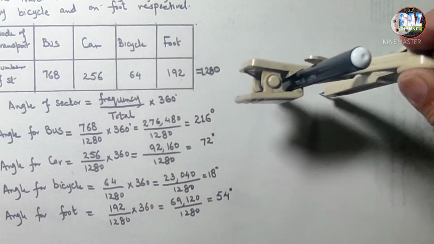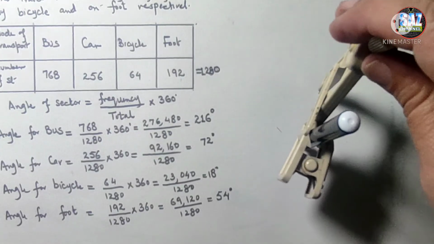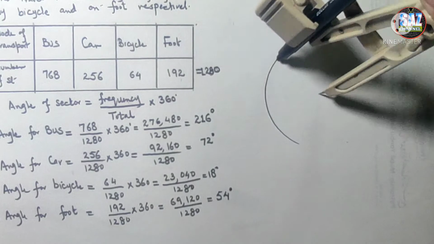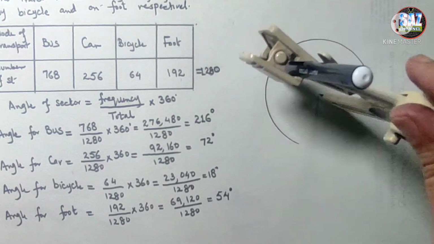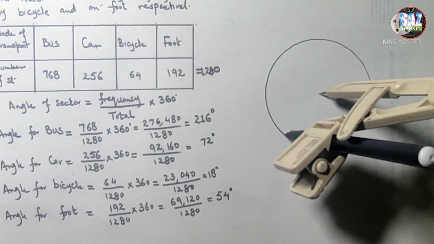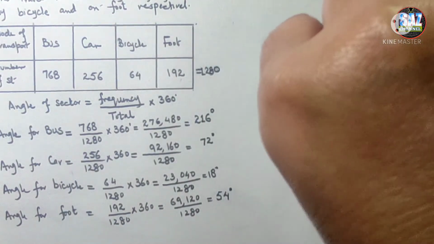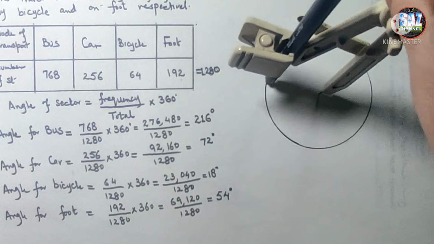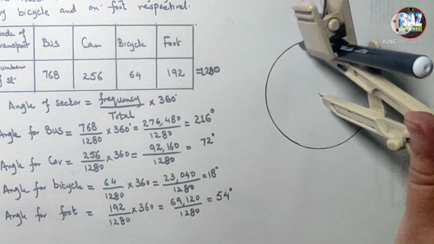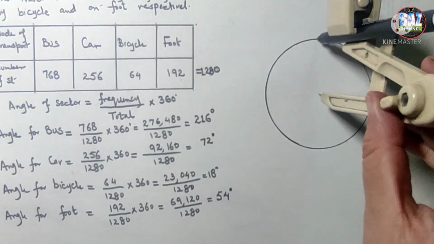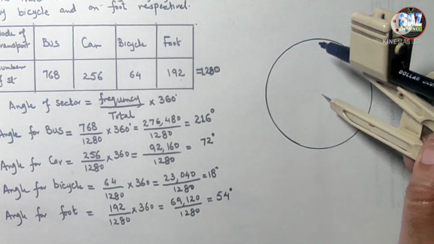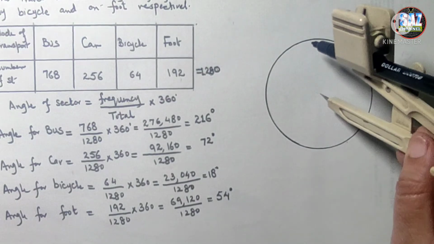The thing we have to keep in mind is that we construct the angles correctly. First I draw the circle nicely, and then I fix and mark the starting point. Sometimes the examiner gives the starting point, and sometimes he doesn't, so no problem even if he's not giving us the starting point, students.